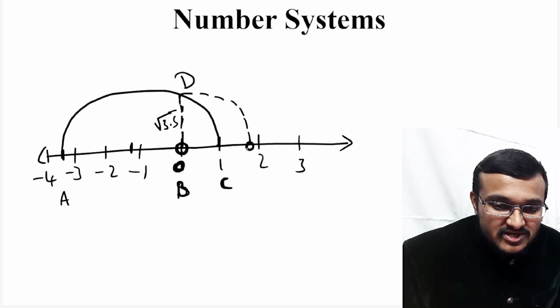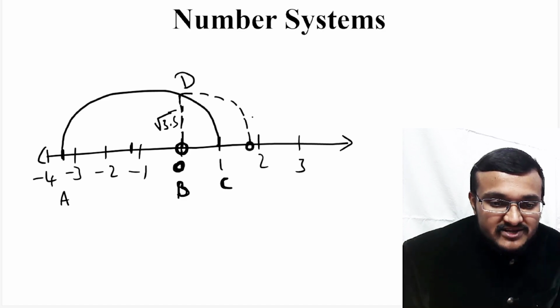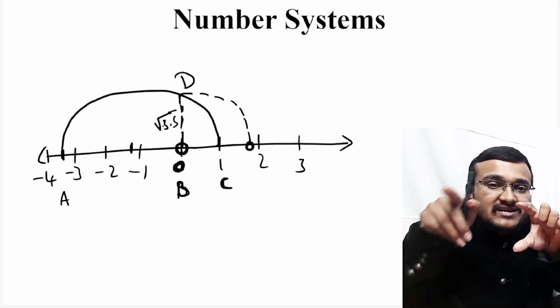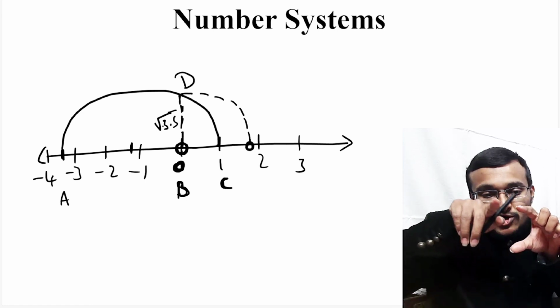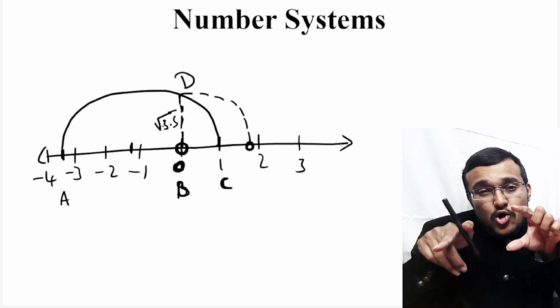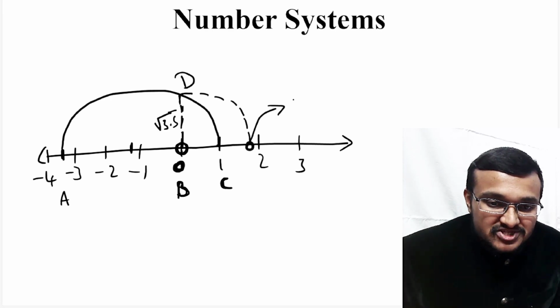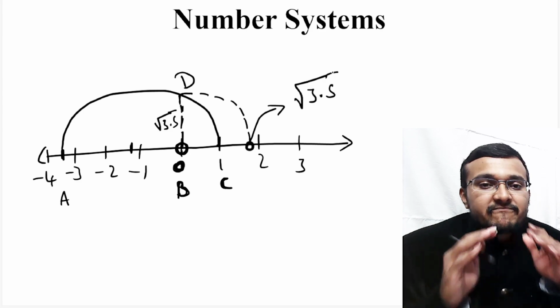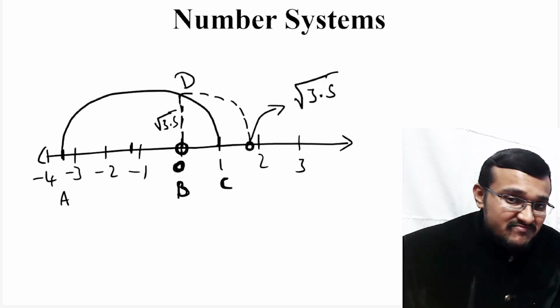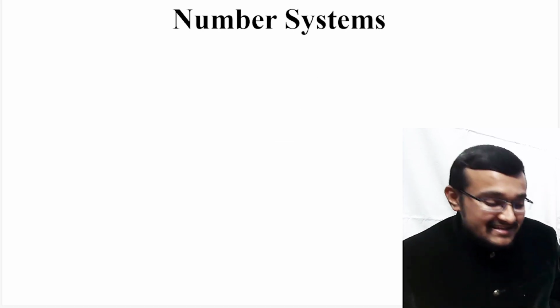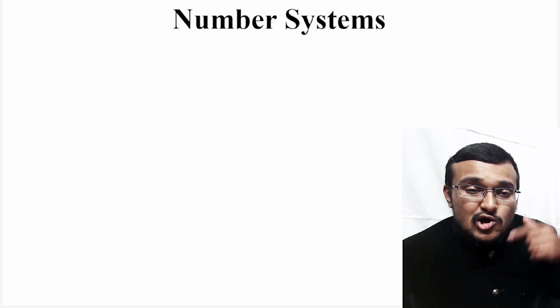So somewhere at this particular position, your circumference of this circle will be meeting. So you are considering BD as the radius and you are drawing another circle. So in order to bring that BD onto the number line, this particular position on number line is root 3.5.